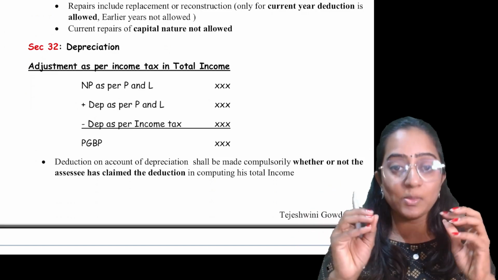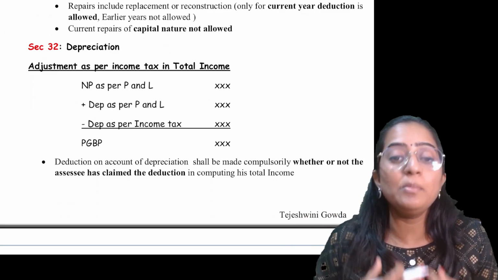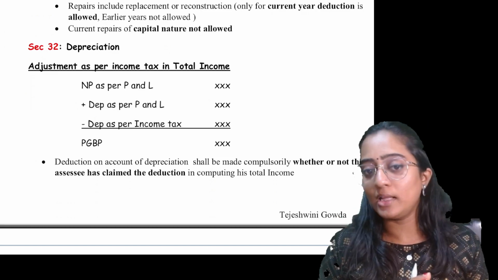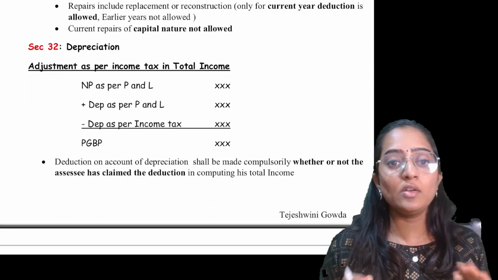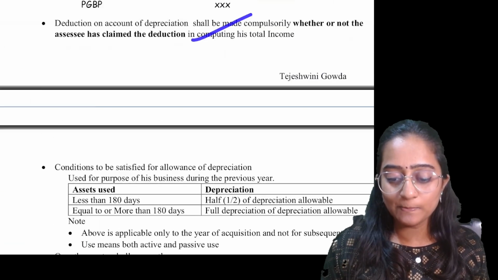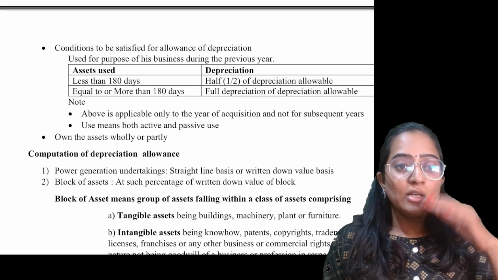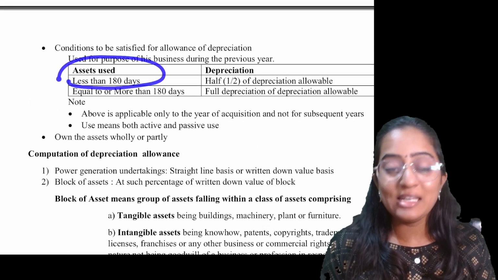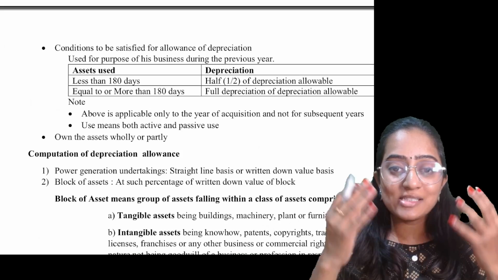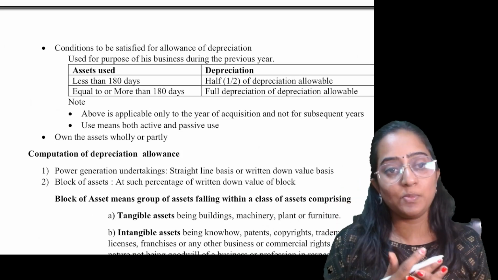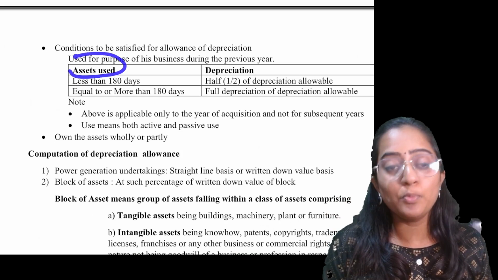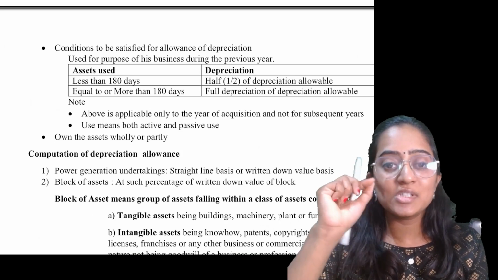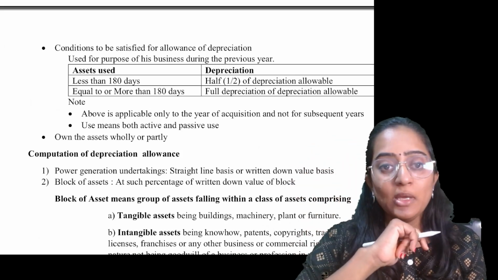See, remember, depreciation is something which should be claimed compulsorily. It's not an option which is given to you stating that you can take this, you can't take this. No, it is 100% that you have to take it compulsorily. Clear? Now, remember, if the asset which has been purchased has been put to use for a period less than 180 days, half the rate of depreciation would be allowed.